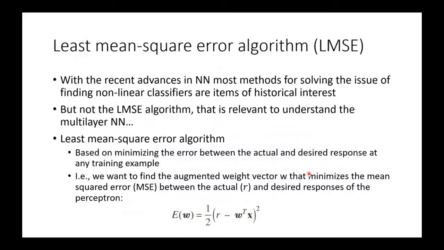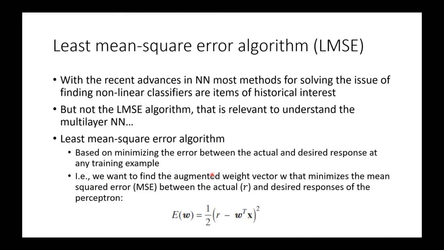And another thing that neural networks use is this algorithm, this least mean square error algorithm for calculating the error. What this least mean square error algorithm is based on is minimizing the error between the actual and desired response at any training example.